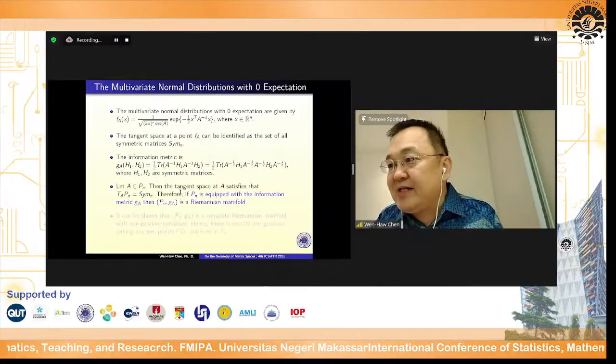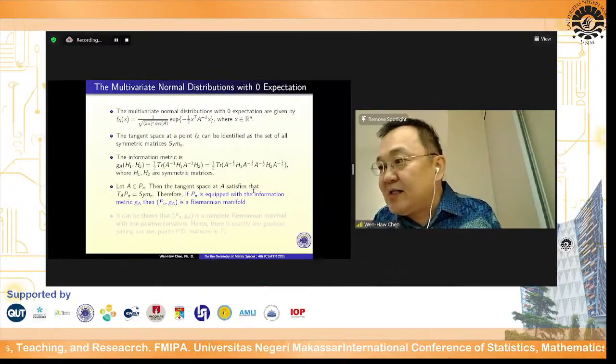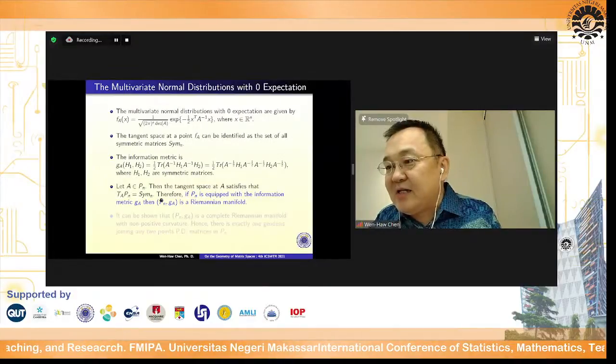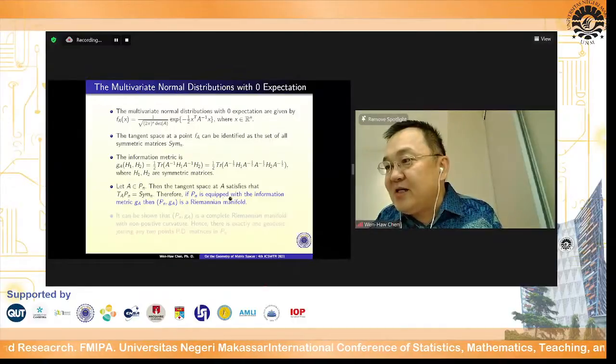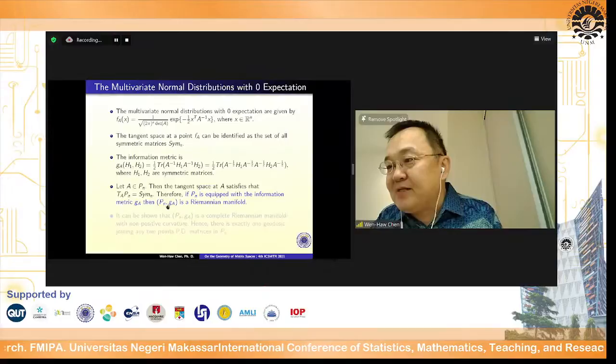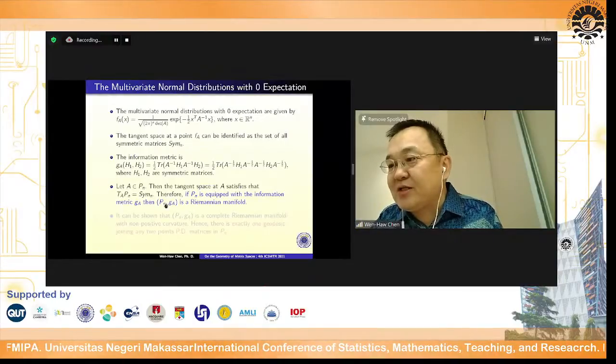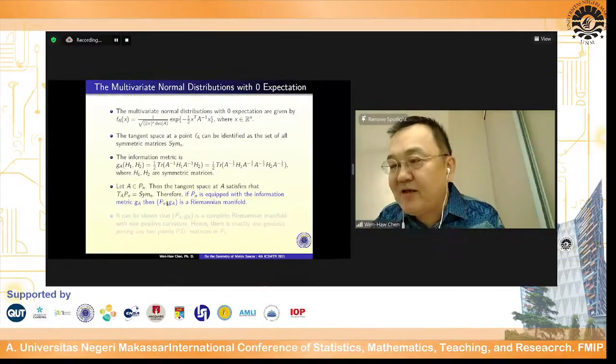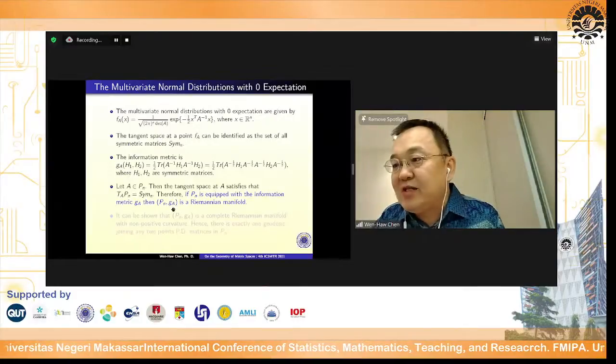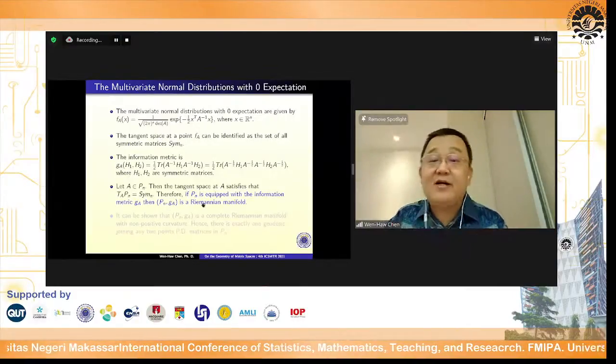So the tangent space satisfies this. Therefore, if P_n is equipped with the information matrix, the space of positive definite matrices becomes a Riemannian manifold.